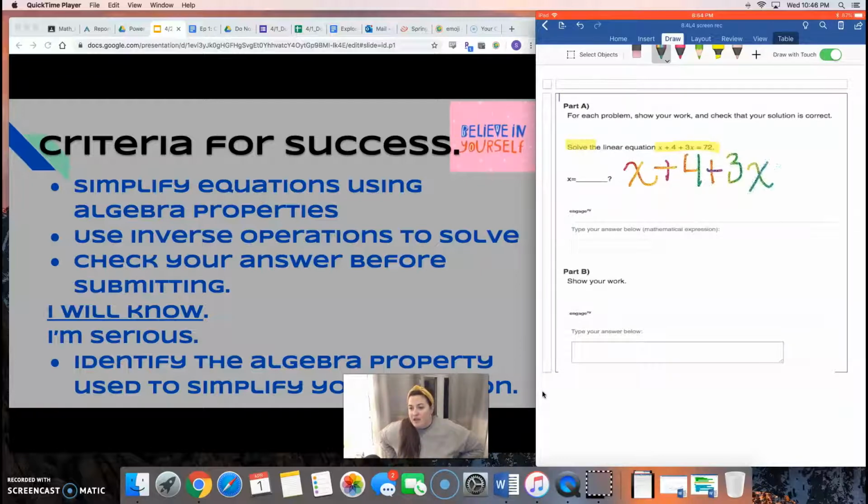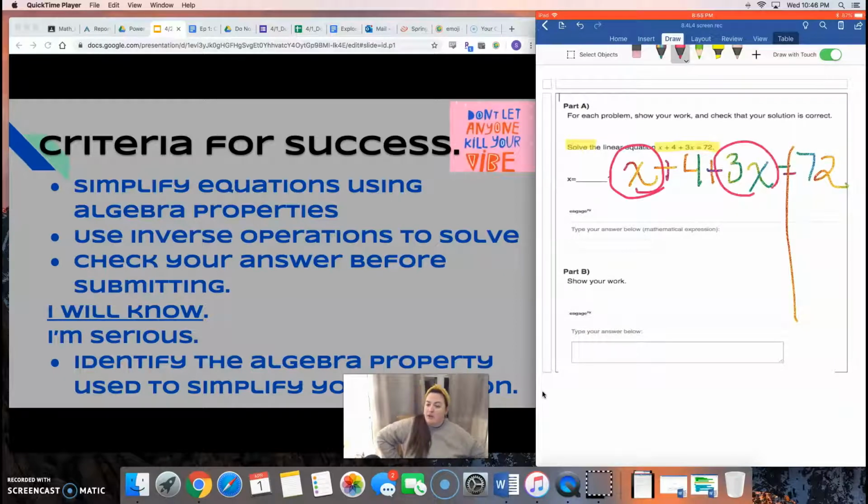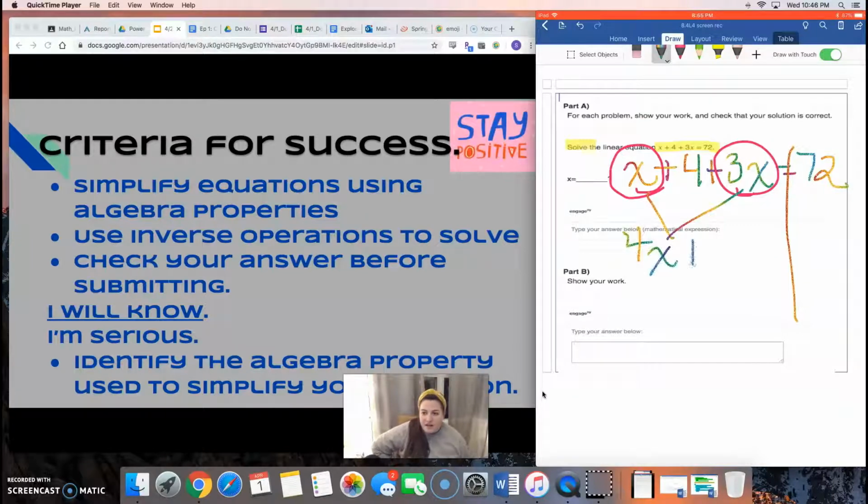And then you'll see me use some strategies that we've been using all year long. For those of you who have been with me for a couple of years, we've been using them for years, where we draw the line down the middle. Let's circle our like terms and combine our like terms. So 3x plus x gives us 4x. I bring down anything I didn't touch. I bring down the plus 4, and then I bring down the 72 because we haven't addressed the 72 yet.